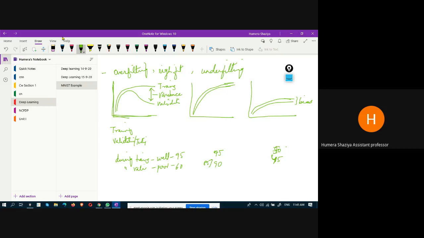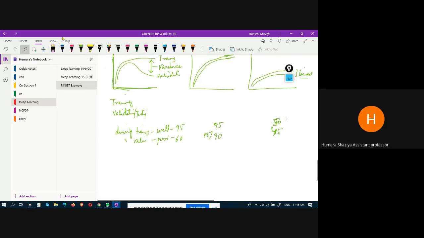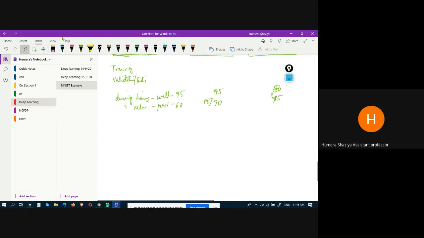So that property, when the model shows less accuracy for both training and validation, we call bias. And this is called variance.